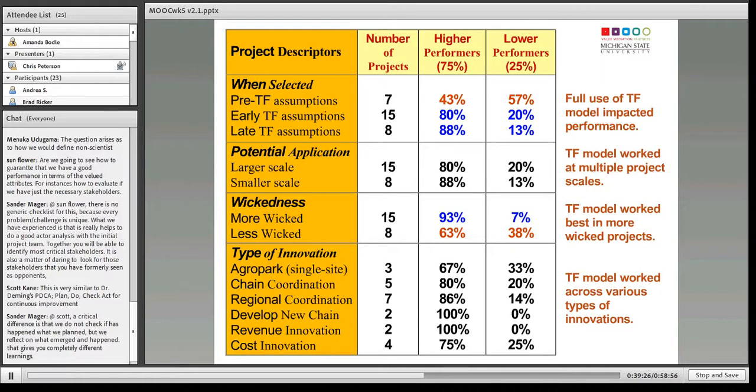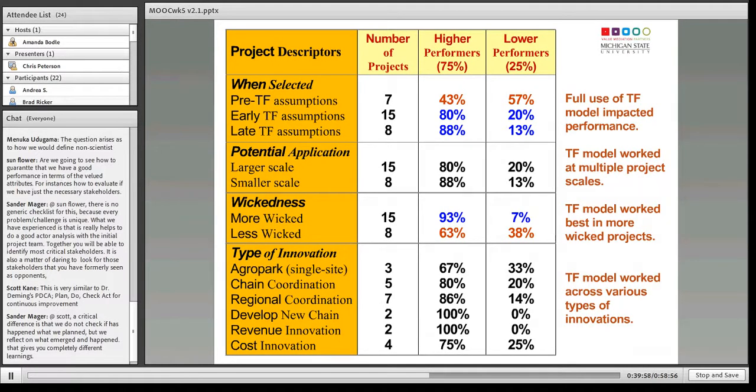And notice, they were less successful as a group than the later projects that were fully formed under the Transforum assumptions. So there is some interesting correlation information across the 30 cases that suggests that full use of the Transforum model really did have an enhanced impact on performance.